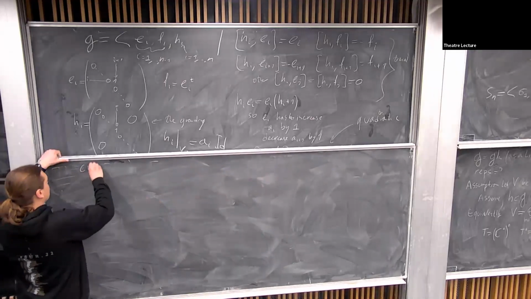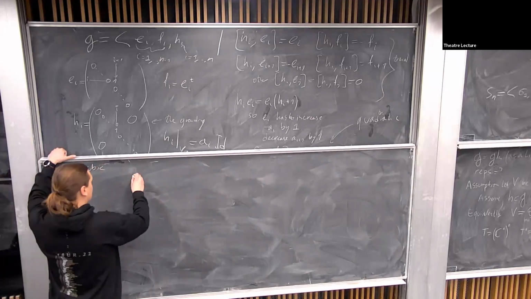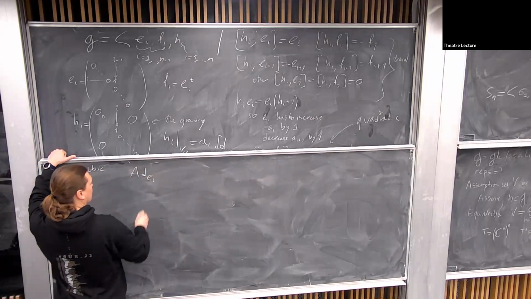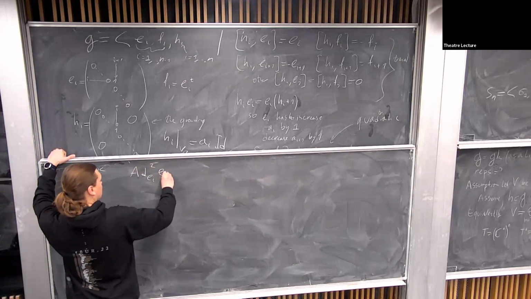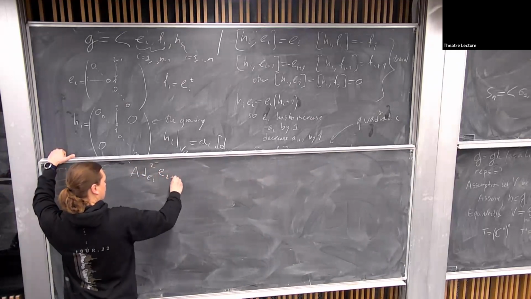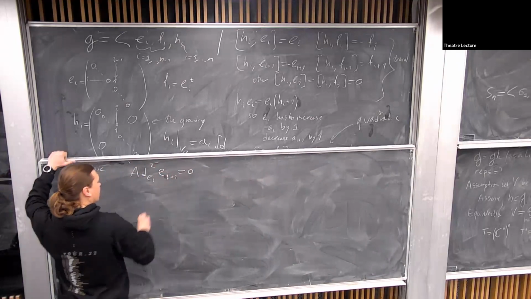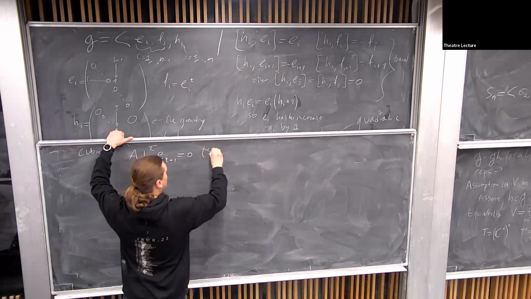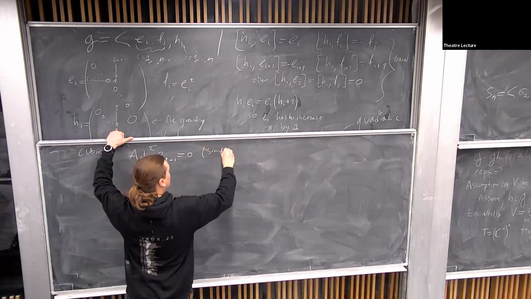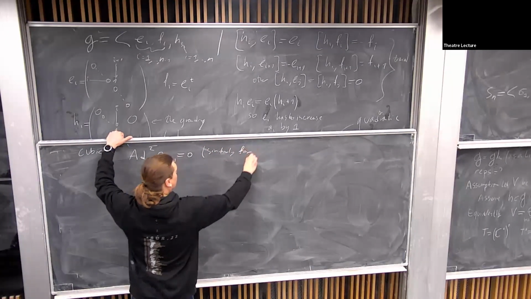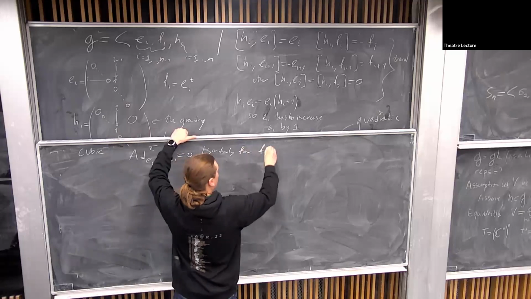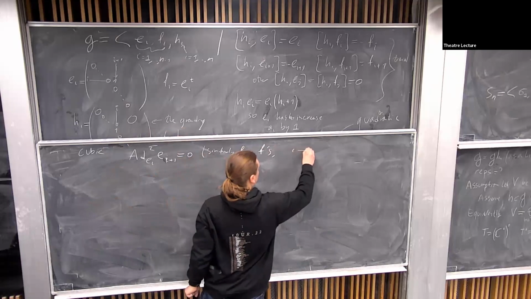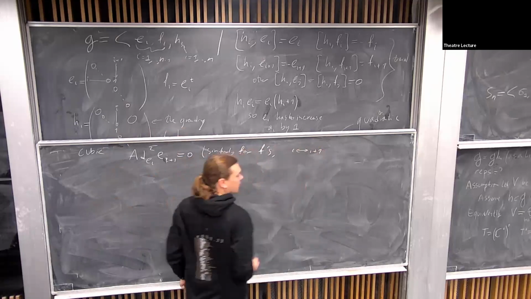Cubic relations: if you take adjoint of E_i squared and apply it to E_j with j equal to i plus 1, that's 0. And similarly for F's, and when i and i plus 1 are interchanged.